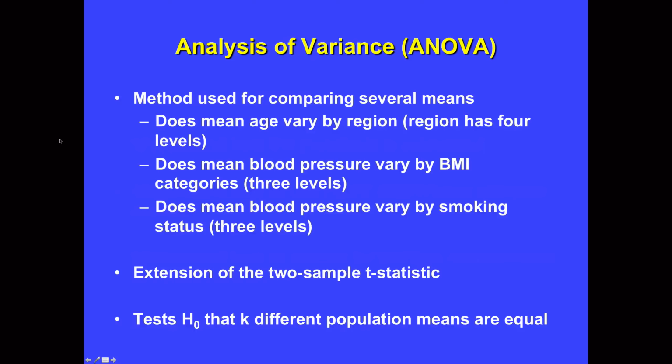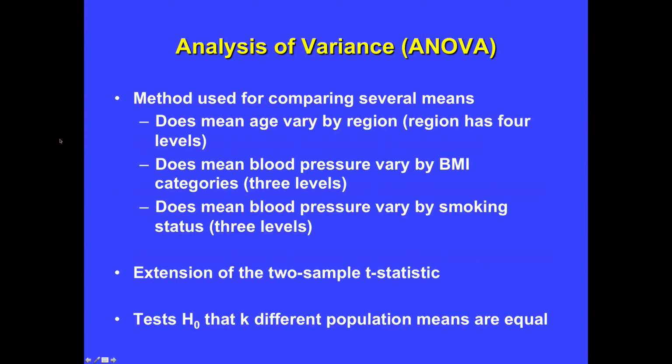So you can see how this example extends to many different settings in epidemiology. So the core notion here is that your explanatory variable is usually some sort of well-defined categorical variable, and the outcome variable is a continuous variable.